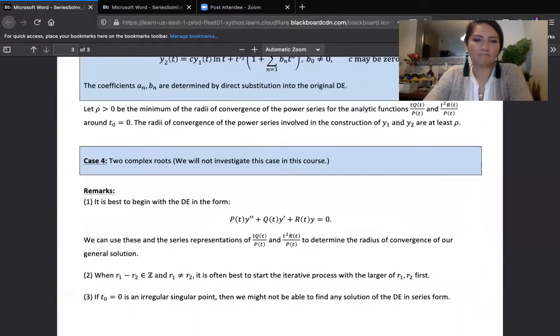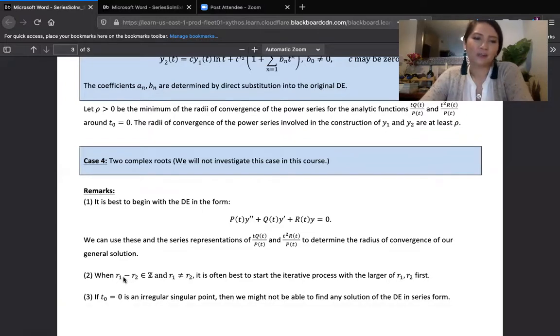Okay. And then the fourth case, the one that we're not covering, is when you have complex conjugate roots. Now, there are a couple of tips down here. If r1 and r2 have a difference that is an integer, and they're not equal to each other, so it's not the integer 0, but it's some other integer, whenever you do this, it's best to start the iterative process with the larger of r1 and r2 first.